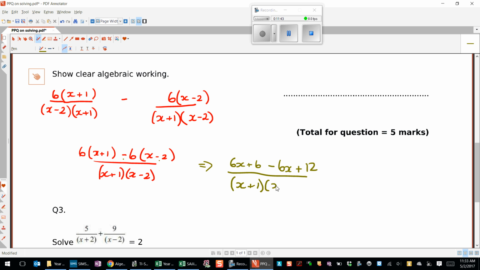And then if we collect like terms, we end up with 6x minus 6x is 0. Brilliant. Love it. Got rid of the x's. Plus 6 plus 12 is 18. So we've got 18 over x plus 1 and x minus 2.